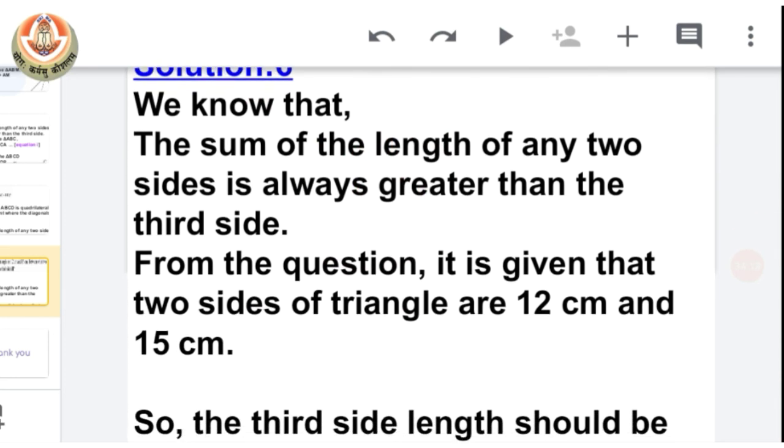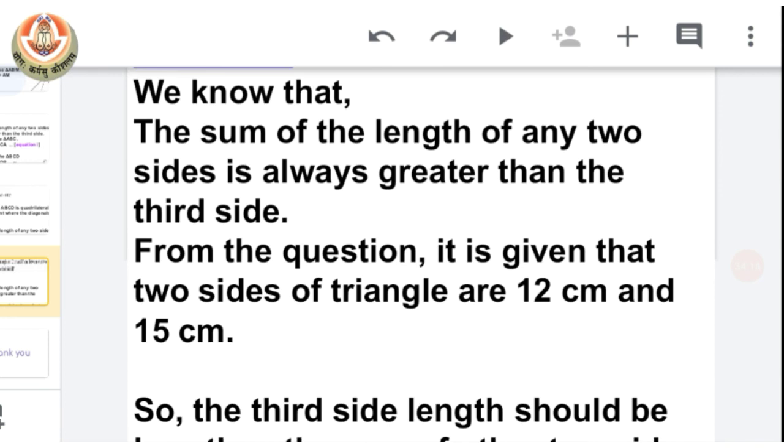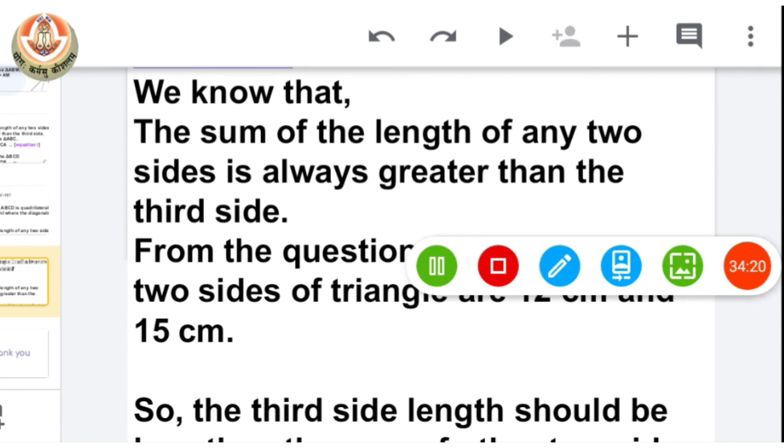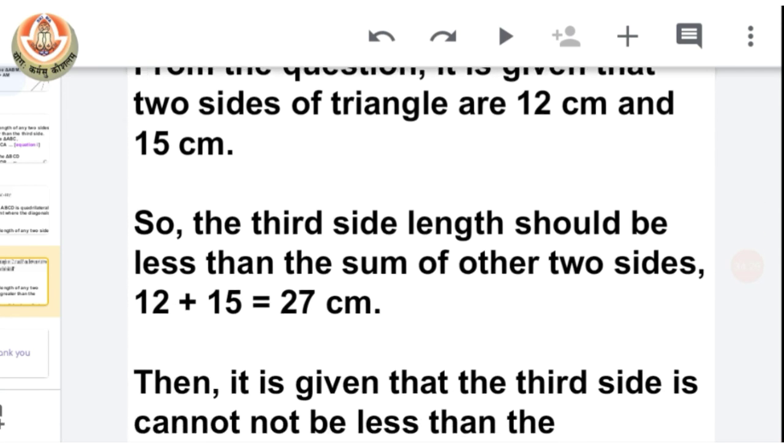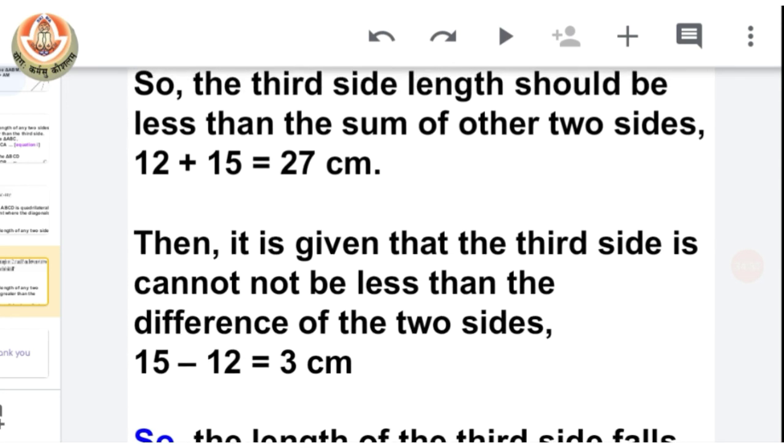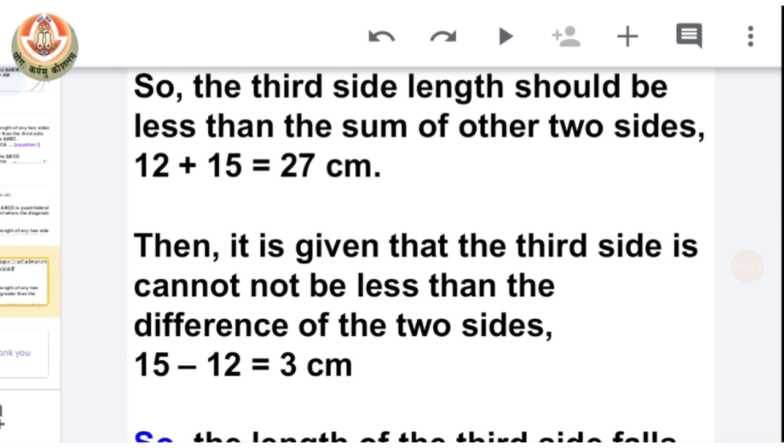Let's see how we have to write this. We know that the sum of the lengths of any two sides is always greater than the third side. According to the question, the two sides are 12 and 15 centimeters. So the third side length should be less than the sum of these two sides, which is 12 plus 15, 27.